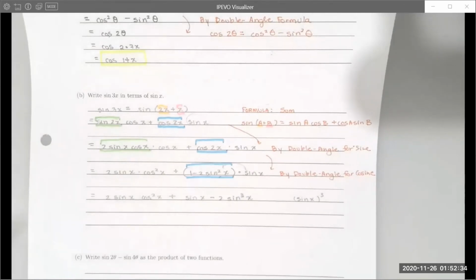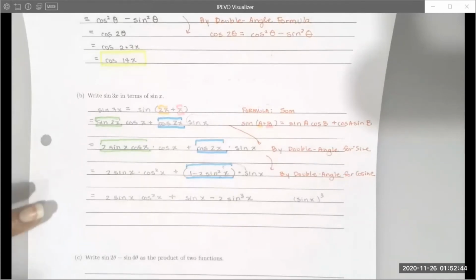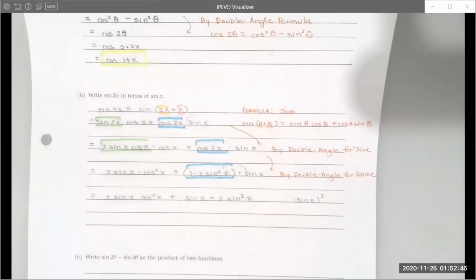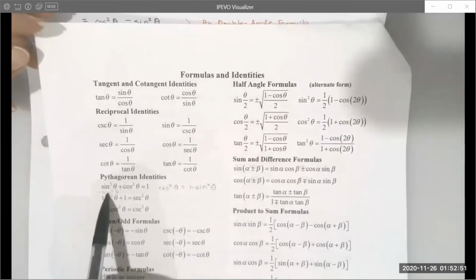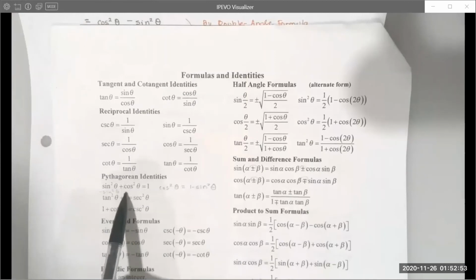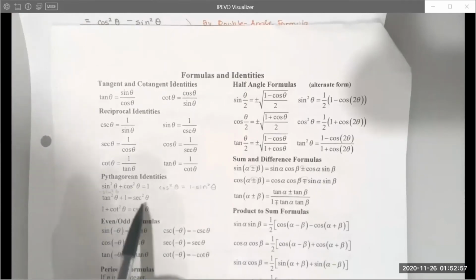So how can we do that? Any ideas? Look at what we mentioned earlier about Pythagorean identities. We tried to apply it to one of the problems, but it didn't quite work in our favor.